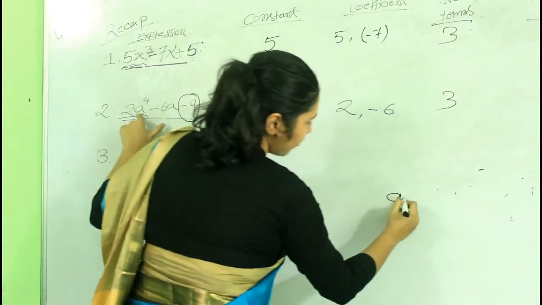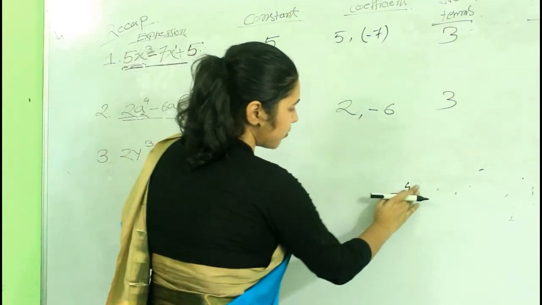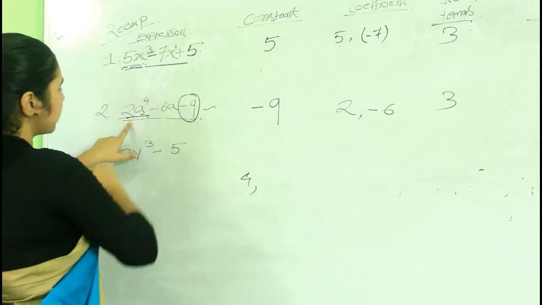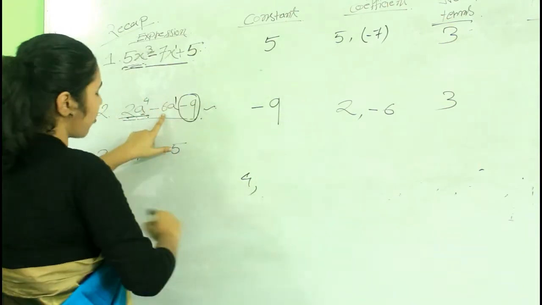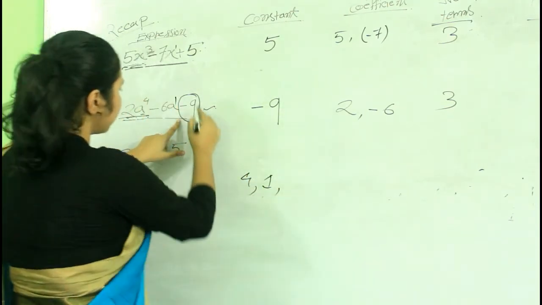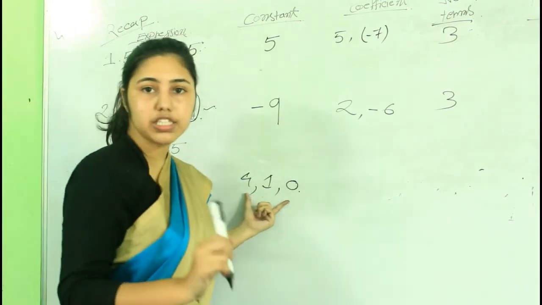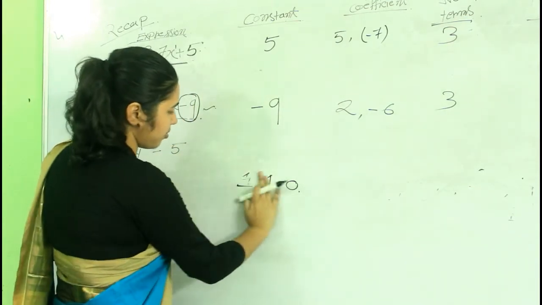A to the power 4. Know that here a is base and 4 is a power or index. So, in the first term, the power of a is 4. Next term, the power of a is 1. And in the third term, the power of a is 0. Which means the highest power of the variable a is 4.